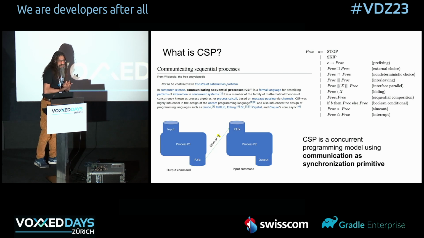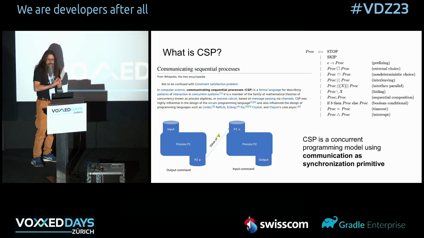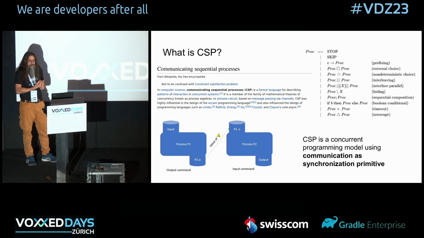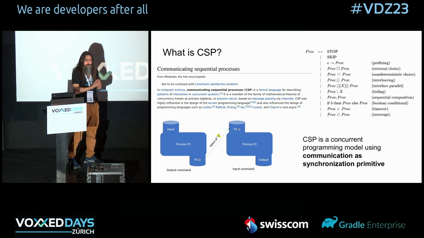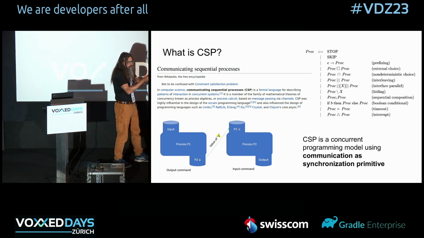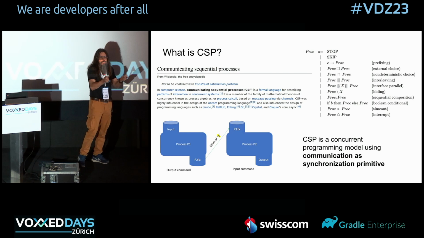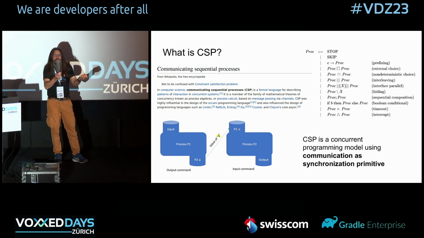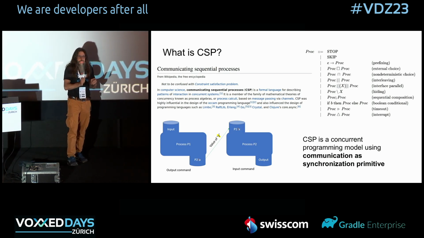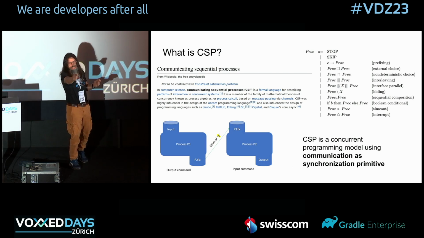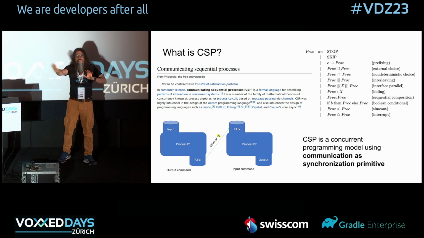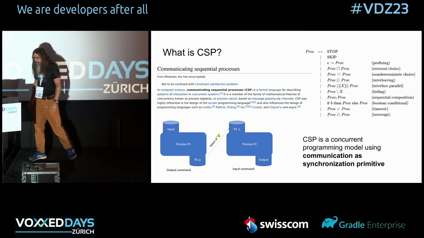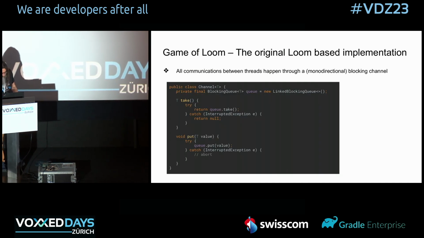But in reality, in essence, CSP is a concurrent programming model where the communication is the only synchronization primitive. So between two threads, there is a channel, and these two threads talk through this channel. So a thread says, okay, I'm done, now it's your turn. And the other thread, waiting on the channel, says, okay, I got your message, now we are unblocked, I can go forward. Okay, so all the synchronization is made just through messaging.